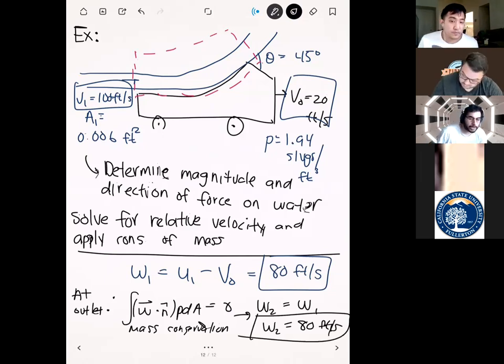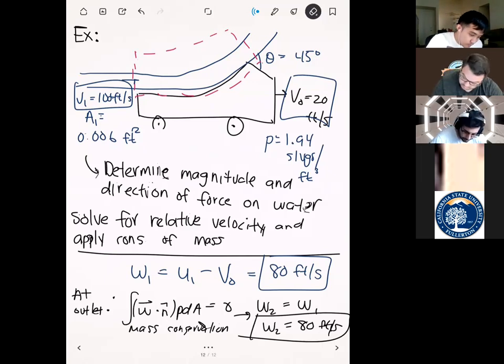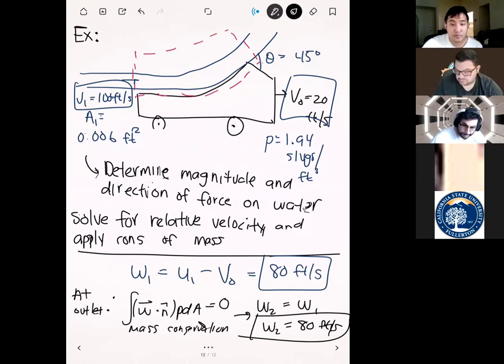Is that an 8 or a 0? Oh, this is a 0. Sorry. And so we have a relative velocity of 80 feet per second at the inlet, and in order to satisfy conservation of mass, the magnitude of the outlet jet also has to be 80 feet per second. All right. Any questions on that?